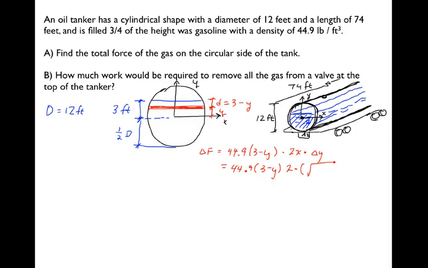The equation of the circle is x squared plus y squared equals 6 squared. So 36 minus y squared. There's the force on the typical strip that I drew, with the frame of reference at the center of the tank, the circle.